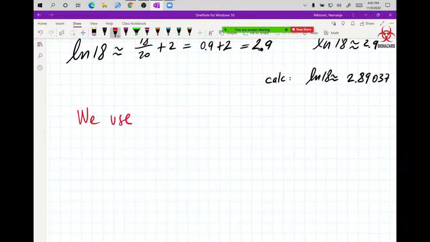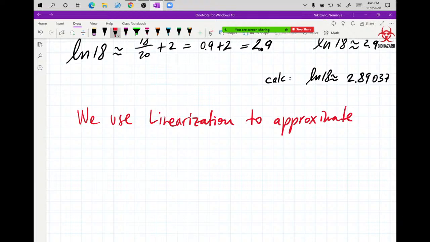So we use linearization to approximate the value of the function. That's what we use linearization for.